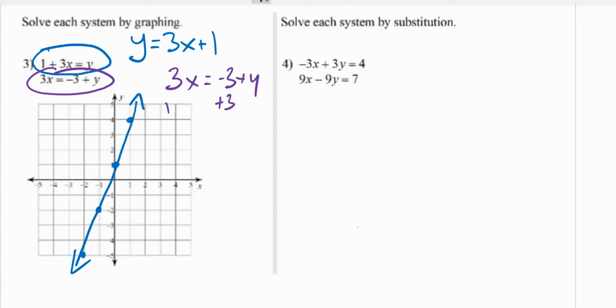If we added 3 to both sides, we'd get y equals 3x plus 3, going this direction. And our y-intercept is 3, and our slope is up 3 over 1.